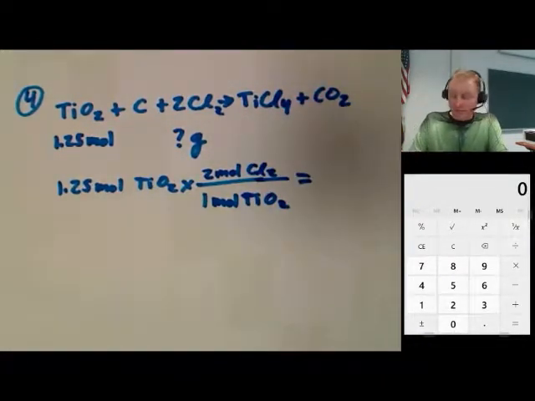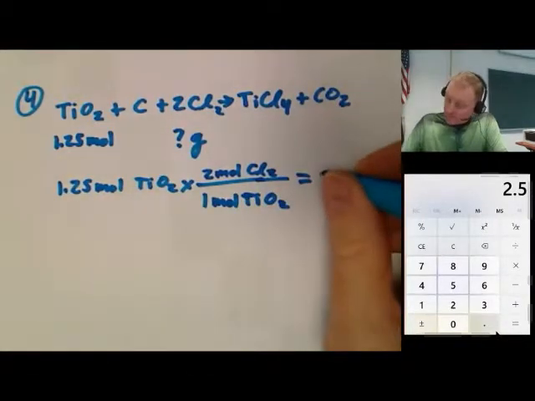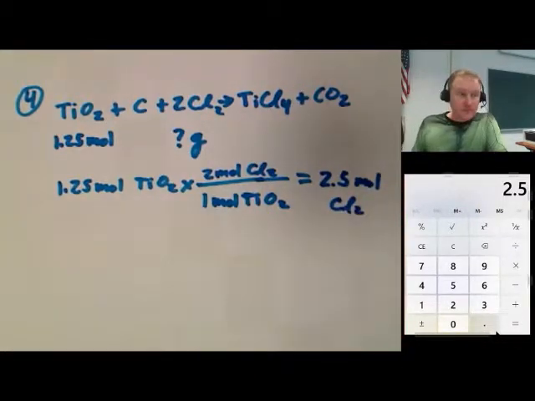And so that's just simply 1.25 times 2, which is 2.5 moles of chlorine. But we're not done.